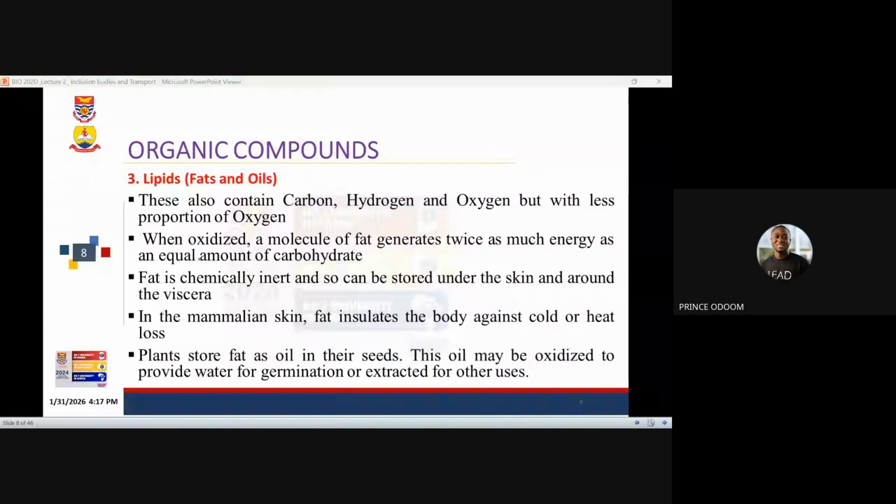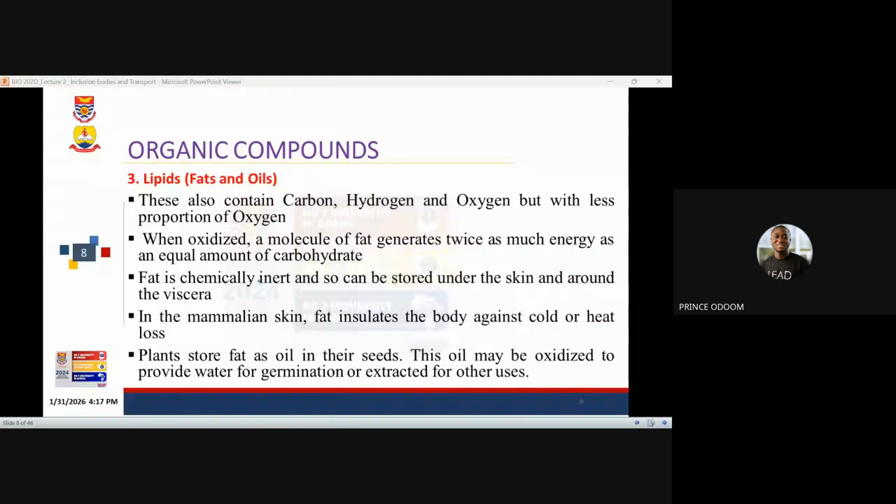When oxidized, the molecule of fat generates twice as much energy as an equal amount of carbohydrate. So this is a serious statement. What it means is that there are some instances where you've not taken in carbohydrate.